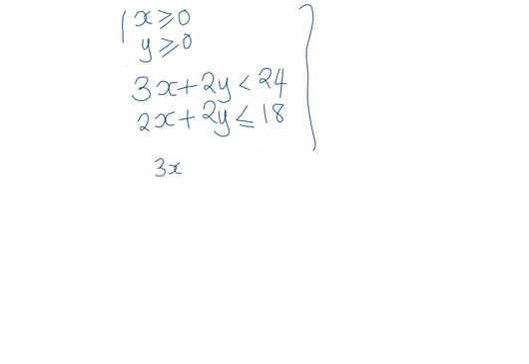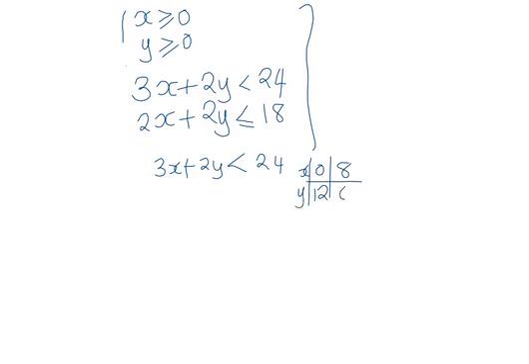3x plus 2y less than 24. This means that the 2 points we are going to plot are: when x is 0, y will be 12, and when x is 8, to make it 24, the value of y will be 0.